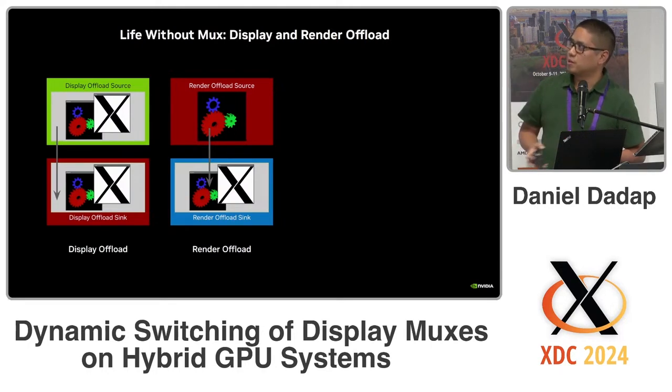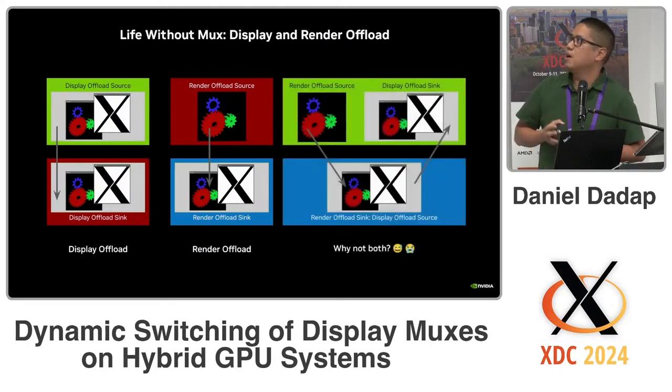But of course, nobody's going to stop you from doing both at the same time and taking GPU1 as render offload source, sending application buffers to GPU2 as render offload sink, which then is also the display offload source going back to GPU1 as a display offload sink for scan out. And it's very tempting to say, that's silly, don't do that.